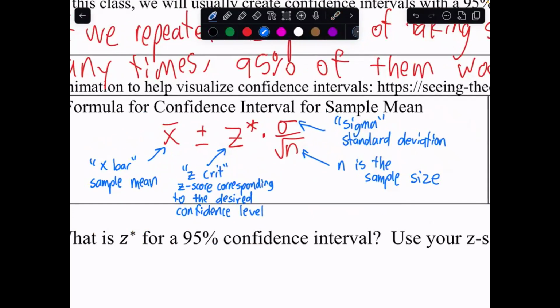Okay, so instead of writing it separately, I'm going to do it like this. Okay, so this part of the formula is the margin of error. Some number plus or minus 3.